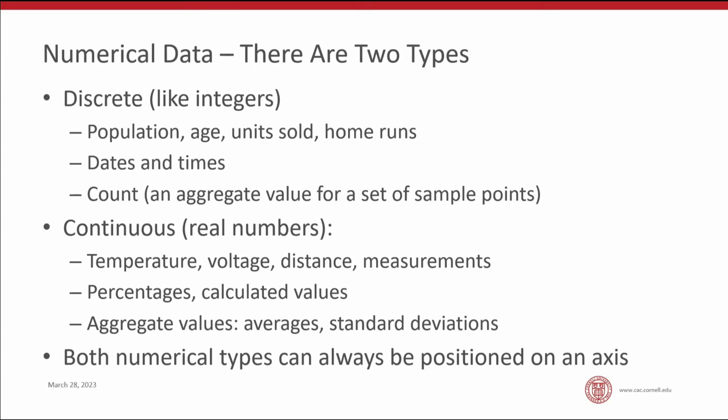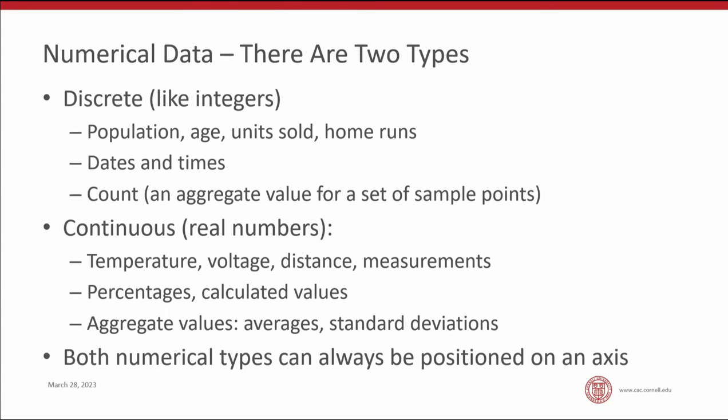And when I was talking about the aggregate values that you can calculate for a large set of data sample points, one of those aggregate values, the count, is an integer. The other ones are like the average and the standard deviation. Those are real numbers.